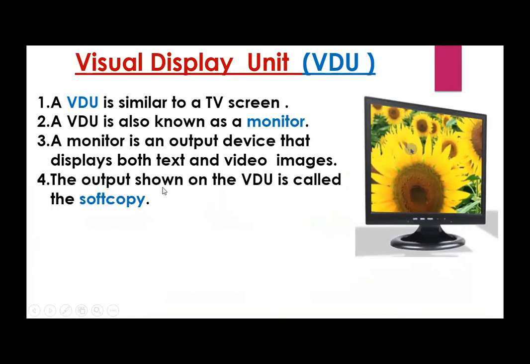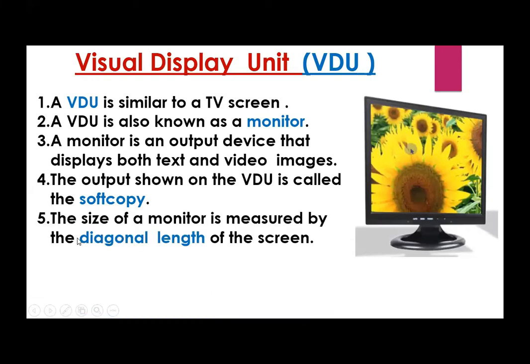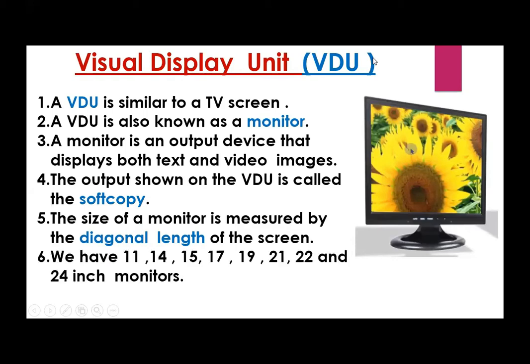As I told you, the output shown on the monitor is called the soft copy. The size of the monitor is measured by the diagonal length of the screen, like the 11, 14, 15, 17, 19, 20, 22, and 24-inch monitors.